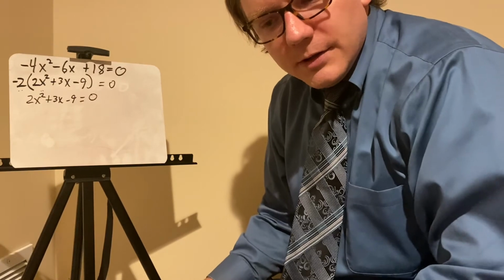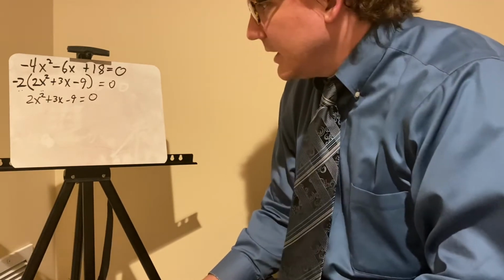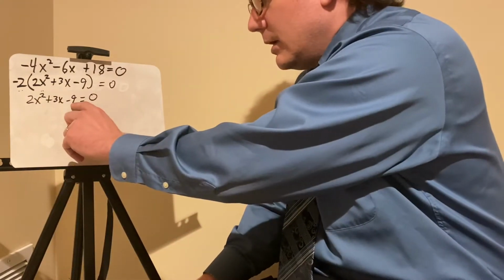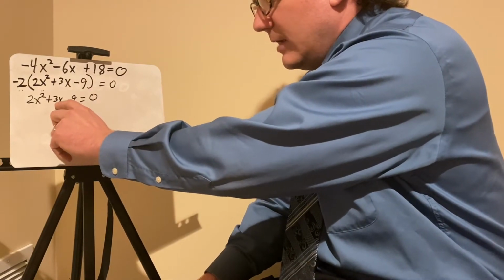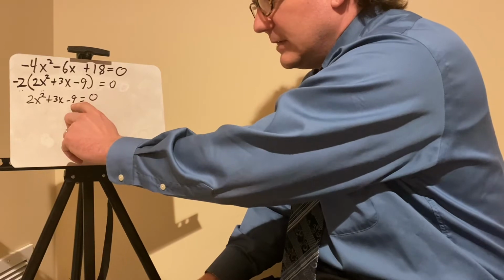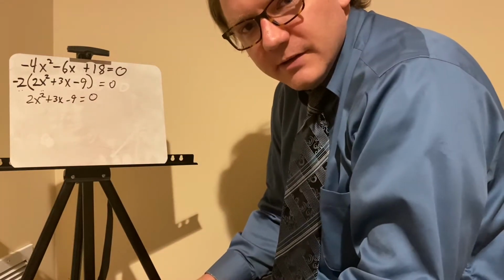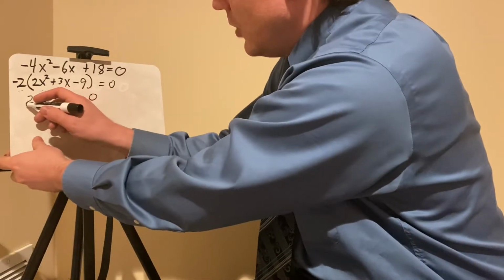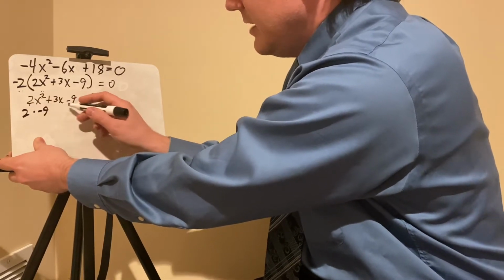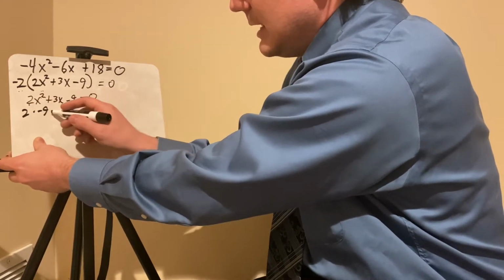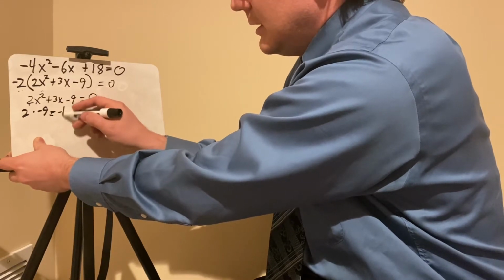Now, the difference here is, instead of figuring out what factors of -9 add up to +3, I now actually have to multiply 2 times -9. You multiply your a value times your c value, and that equals -18.